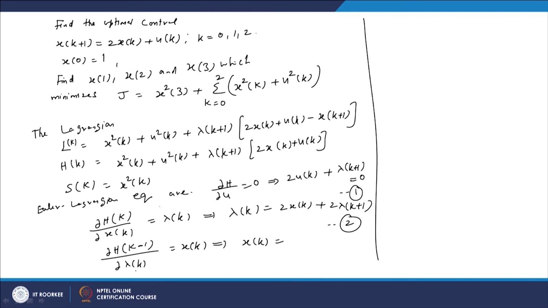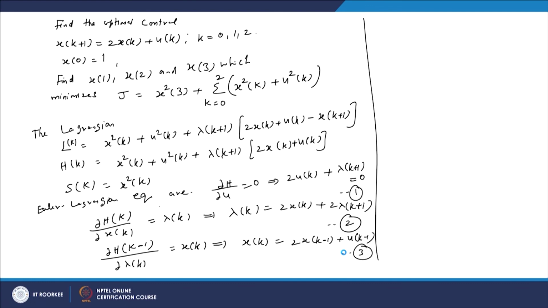When we differentiate that with respect to lambda k, we will get 2 x of k minus 1 plus u k minus 1. So, it is nothing but the same equation, whatever constraint already given, the control system, it is just one step before. Instead of k plus 1, we have k, and the right hand side k is replaced by k minus 1. So, it is the same equation, equation 3, and the boundary conditions can be written as given in the previous slides.